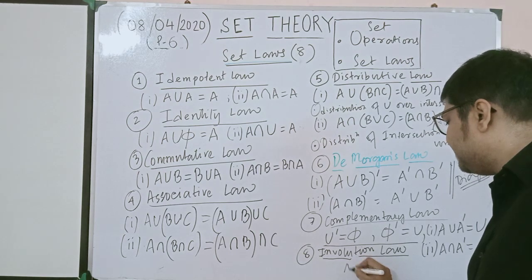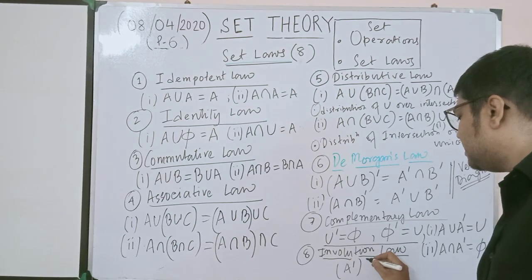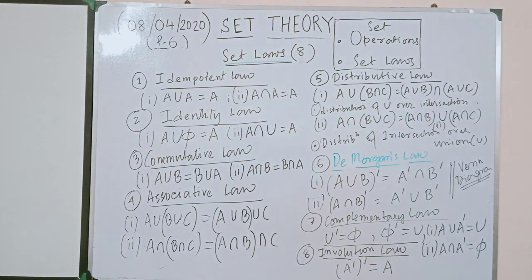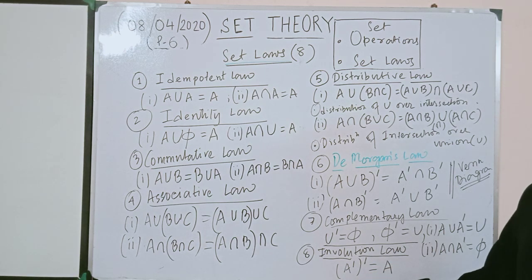Things like that. A dashed whole dashed will be A. There is only one law. In every other case we get 2 laws each, but here we get only one. So A dashed whole dashed, that means complement of A complement is A. So that is the involution law.